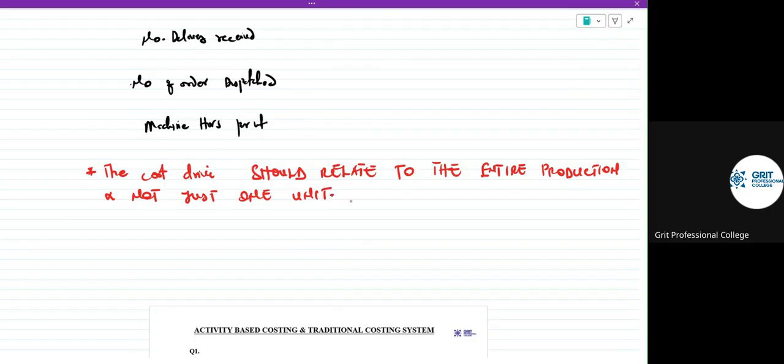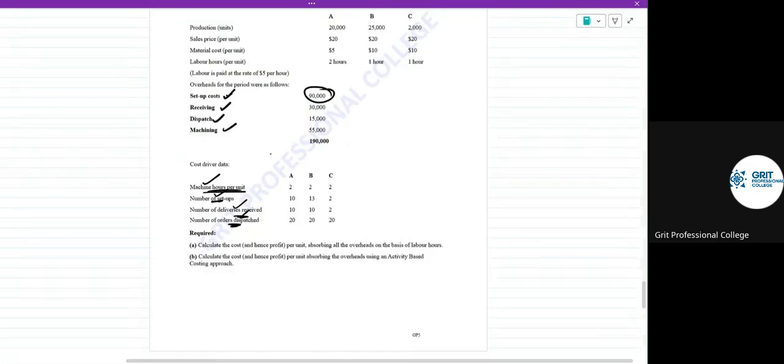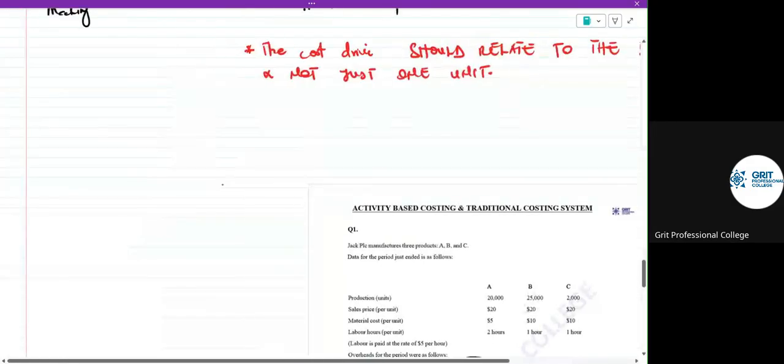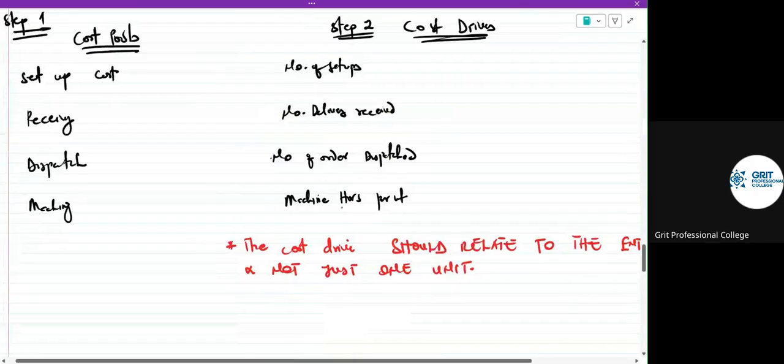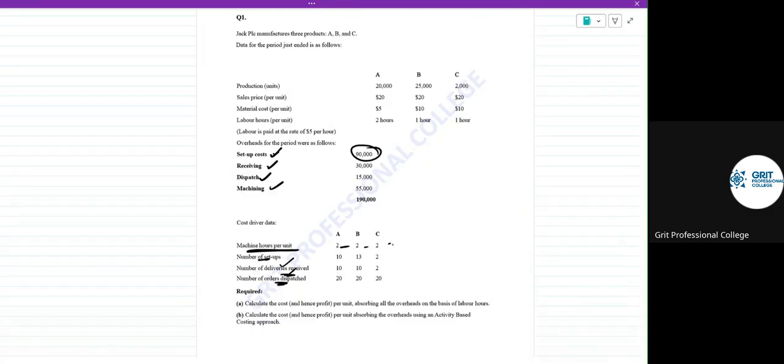Okay, what do I mean by this? When you look at the cost driver data presented to you here, this one says machine hours per unit. Meaning that this cost driver data, which we have matched to the machining cost pool, the 2, 2, and 2 relates to the time one product of A, B, and C will spend on the machine.